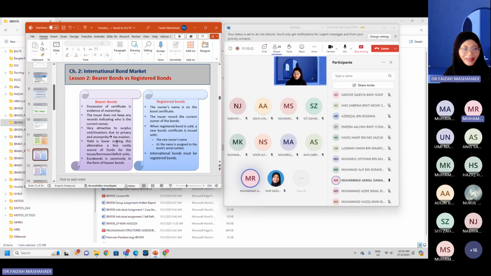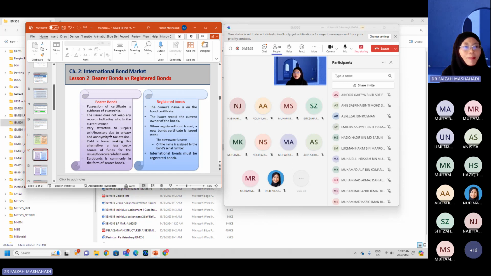Okay, Doctor. All right. But for the bearer bonds, you have to remember the yield, the coupon, the interest is lower, because you're talking about less secured paper.